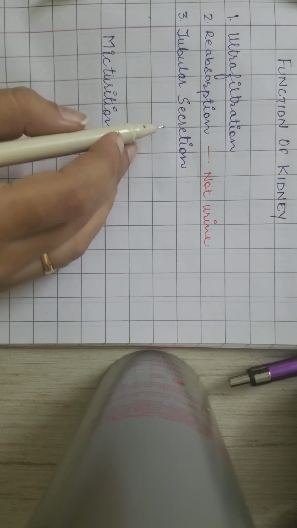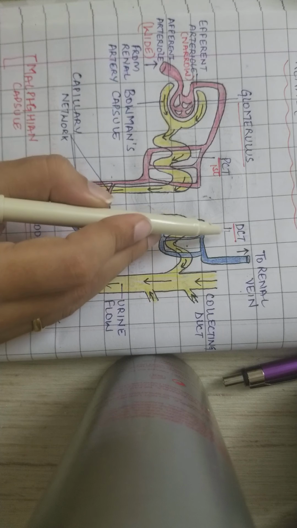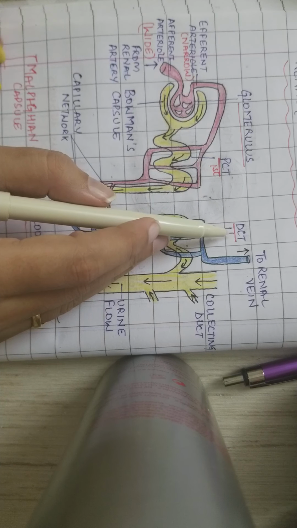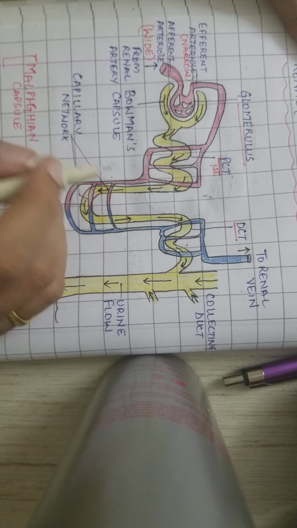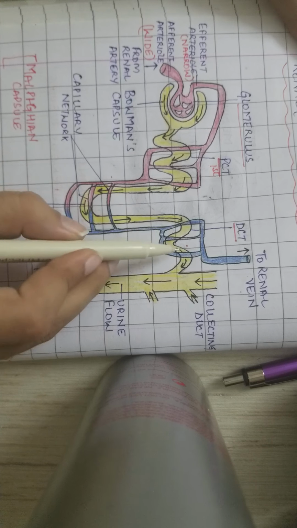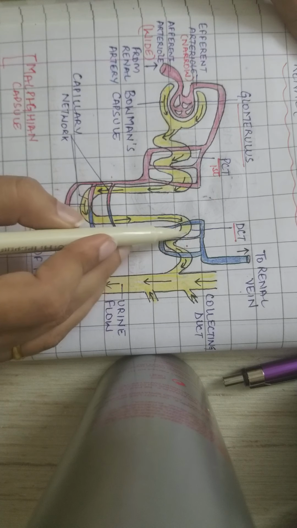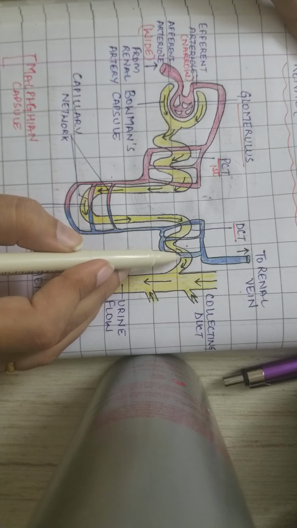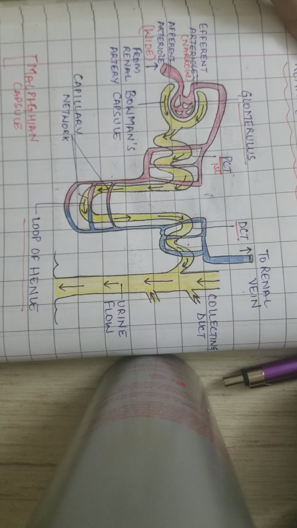The walls of the distal convoluted tubule secrete potassium ions and certain chemicals which help in the formation of urine. So when the urine is collected here, the walls of the DCT secrete potassium and certain drugs like penicillin, and they help in the formation of urine.